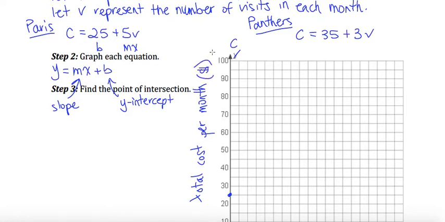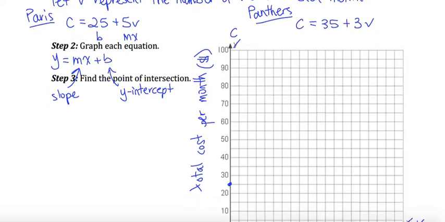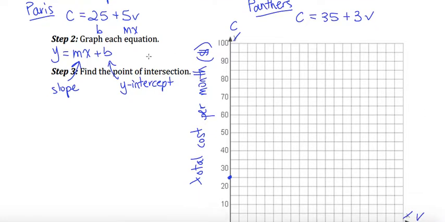Okay. So now I can use my slope to come up with the other points on my line. So remember, when I'm looking at slope, if it's not given to me as a fraction, then I can write it as a fraction. So 5 is the same as 5 over 1. So remember, it's rise over run.